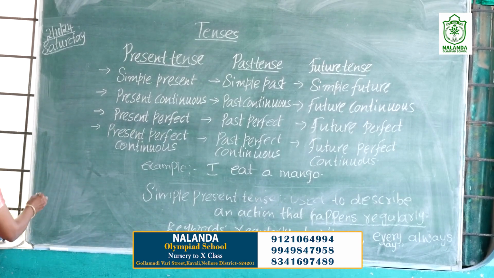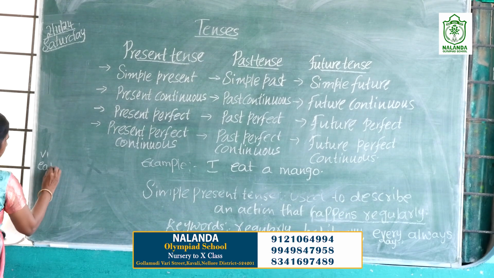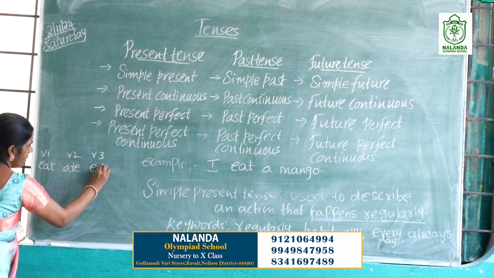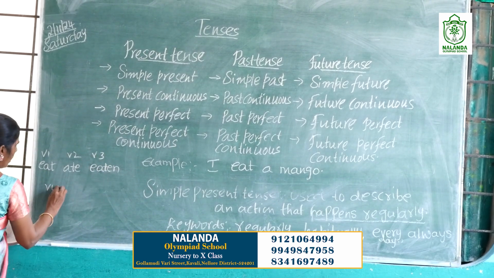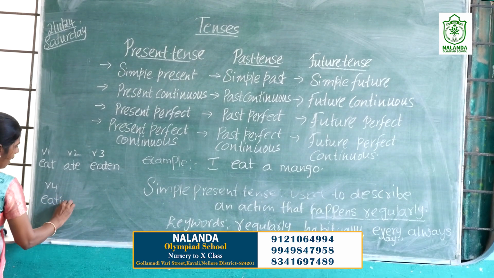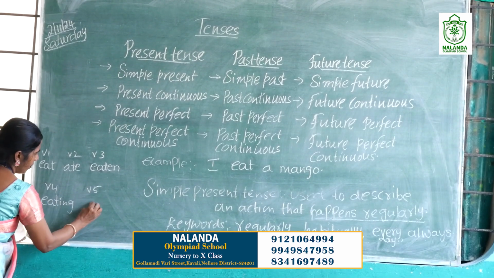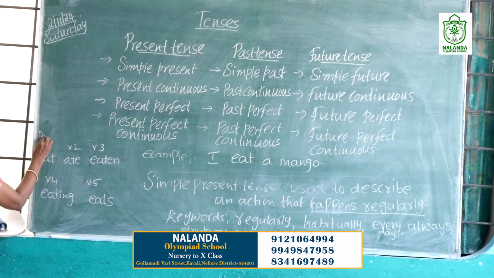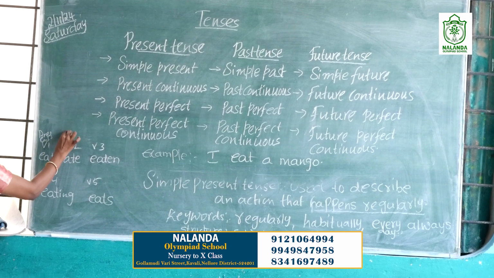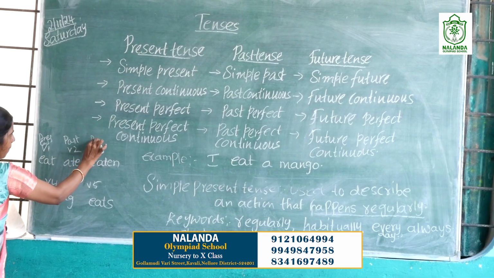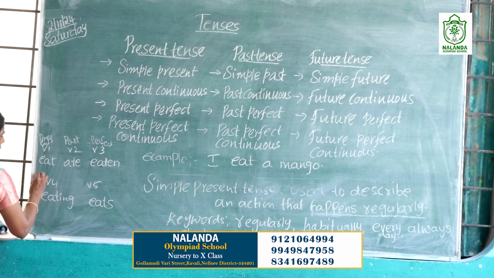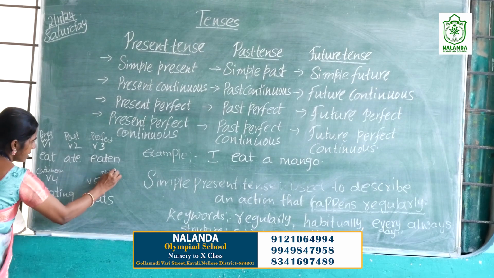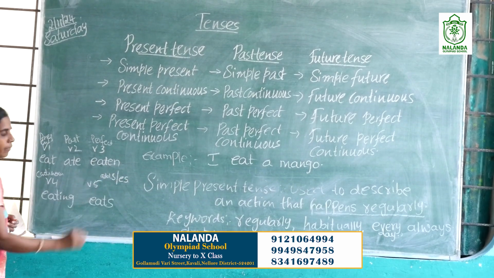V1 is eat, V2 is ate, V3 is eaten, V4 is eating, and V5 is eats. Now V1 is the base form we use for present, V2 we use for past, V3 we use for perfect, and V4 we use for continuous, and for V5 we add S or ES to the verb.